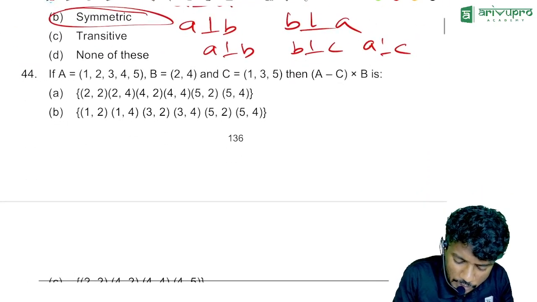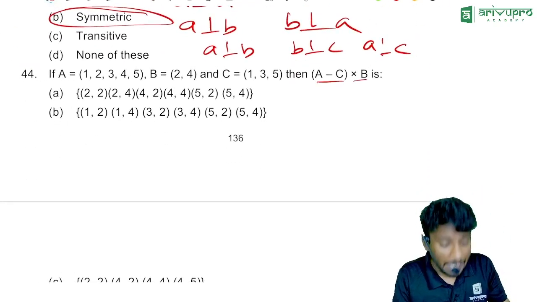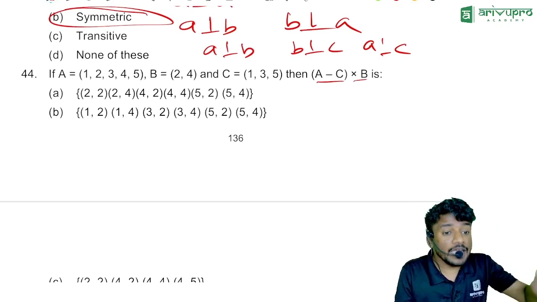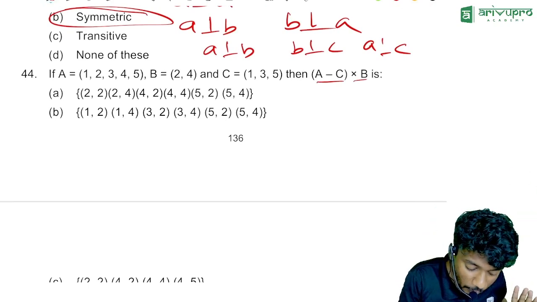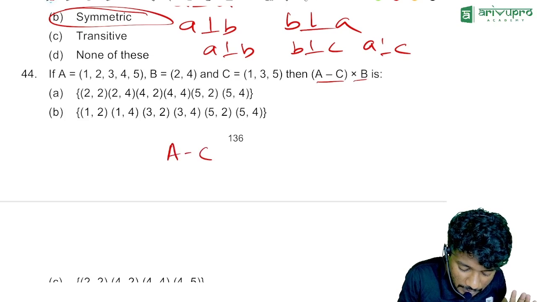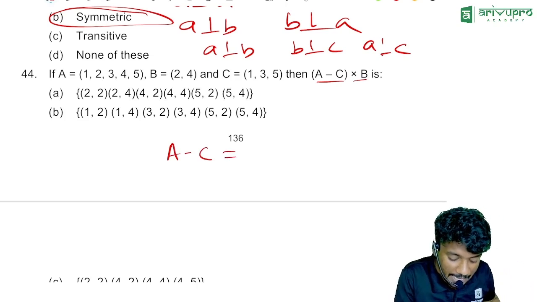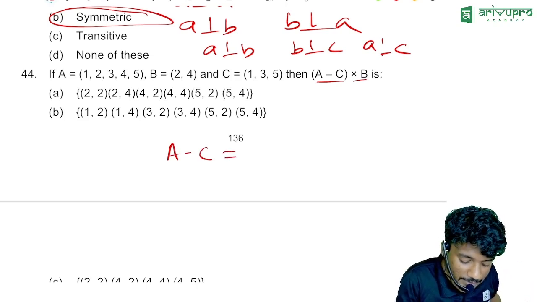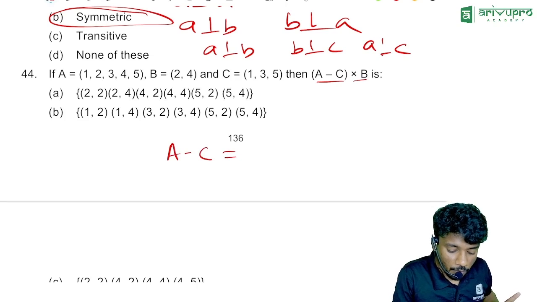Now, what is the question? A minus C into B. A minus C is how much? Which are present in A, not in C. What is the answer? 4.